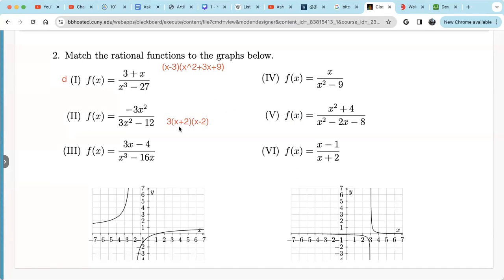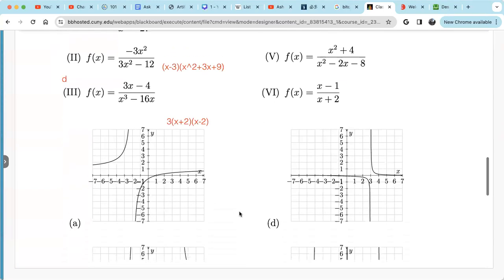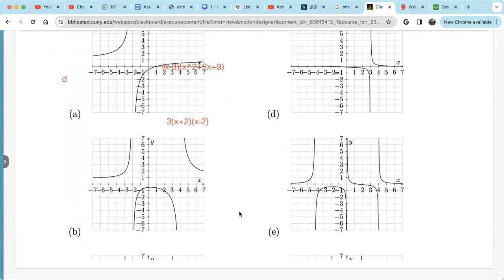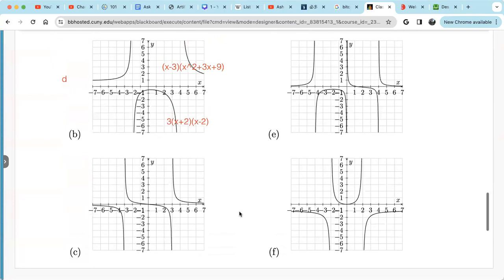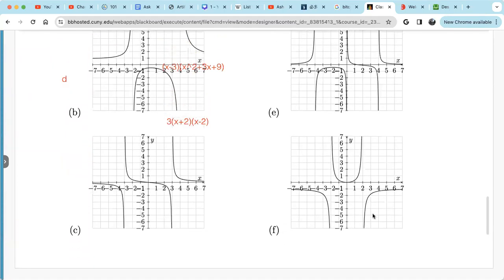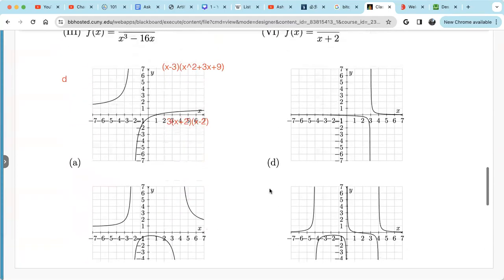Nothing can be simplified with the numerator, so we're looking for 2 vertical asymptotes, at -2 and 2. So we look for the graph that has vertical asymptotes at 2 and -2. Oh, F, right? You see F, vertical asymptotes at -2 and at 2. Bingo, so F.